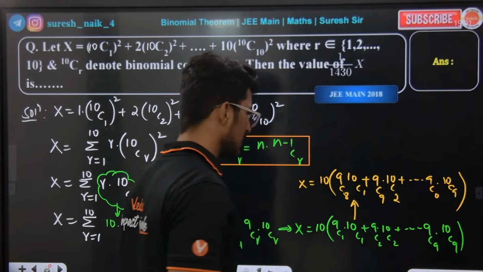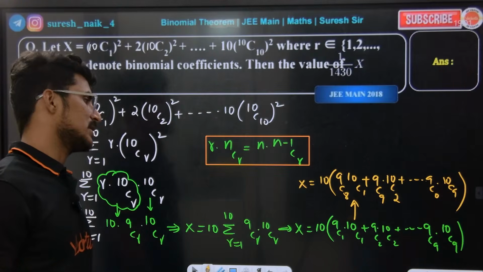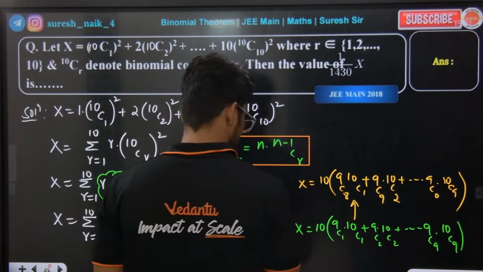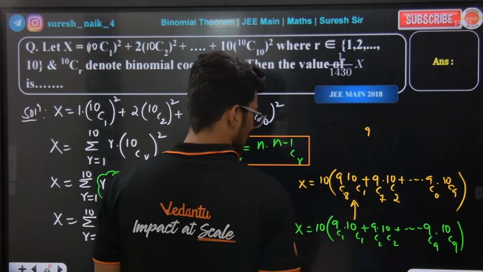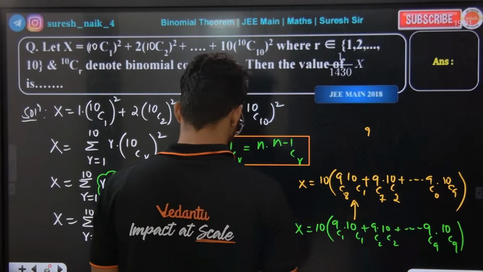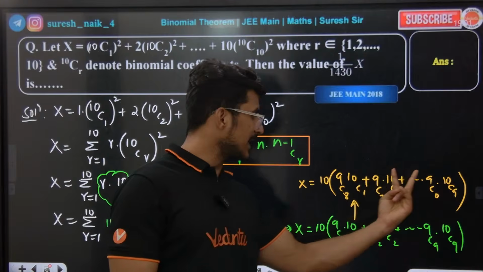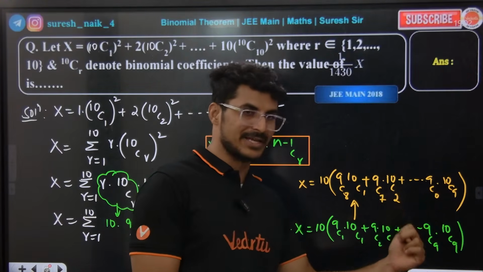Yes or no? Now it is correct. The sum of upper suffixes is 19, 19, 19. The sum of lower suffixes is 1 plus 8 is 9, 7 plus 2 is 9, 0 plus 9 is 9.